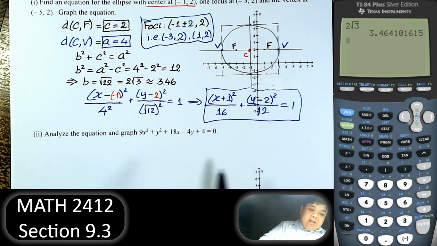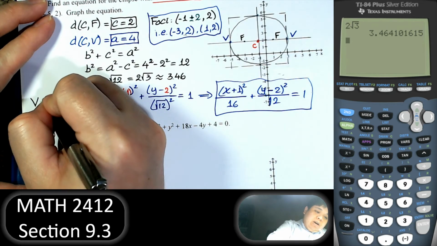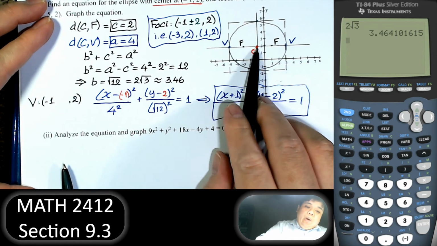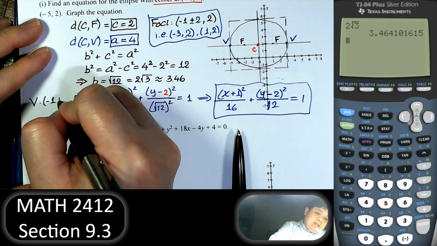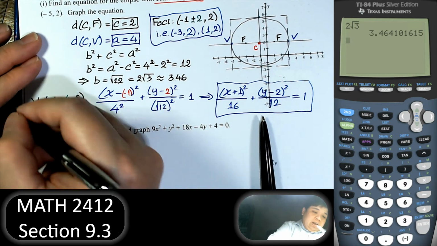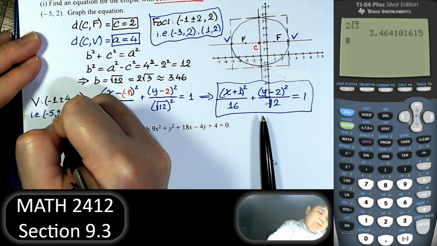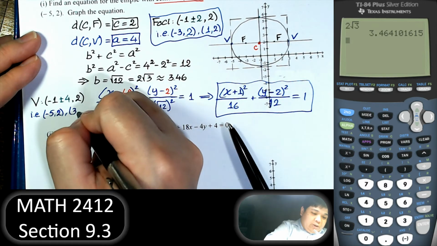The vertices, based from the center, we go a unit left and a unit right, so plus or minus 4. Meaning that we have the points -5 and 2 and 3 and 2.